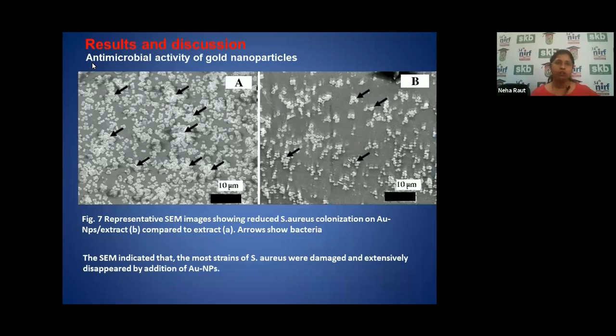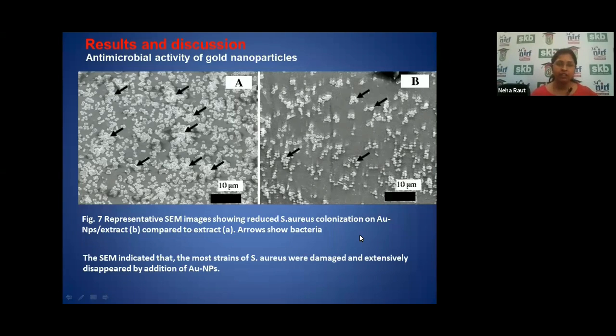How to get confirmation, or how to get the plus point of these nanoparticles, like the antimicrobial activity of gold nanoparticles? Up till now, you are aware of the zone of inhibition studies, where we have the agar diffusion studies. But in this paper, I have seen a different aspect, which we can say is a better one.